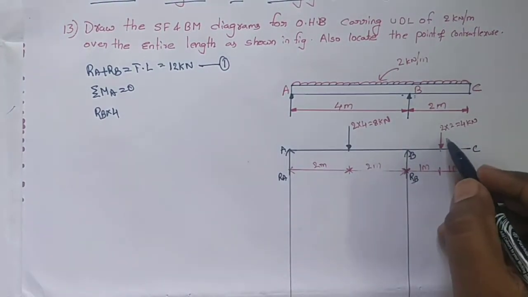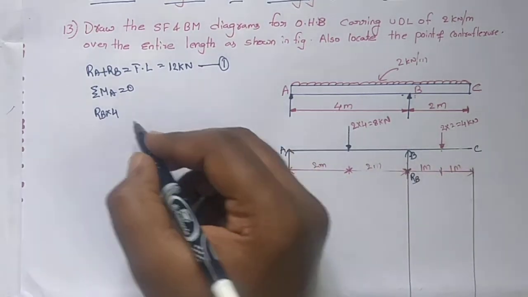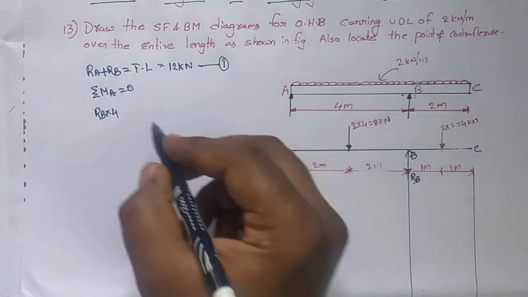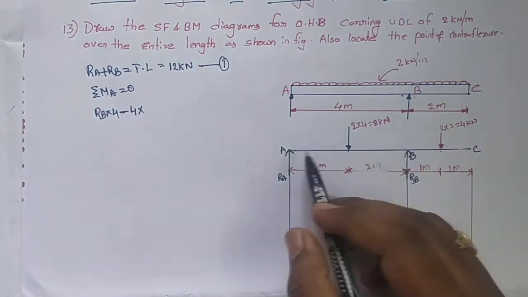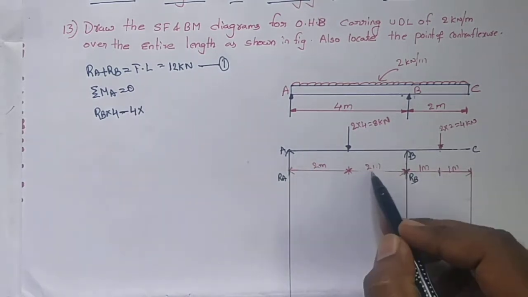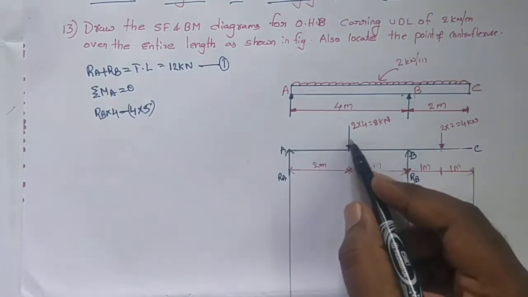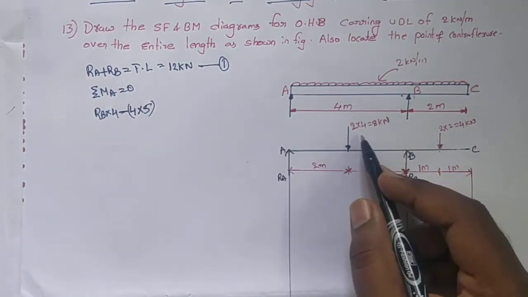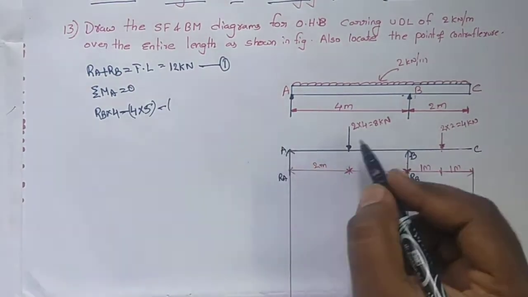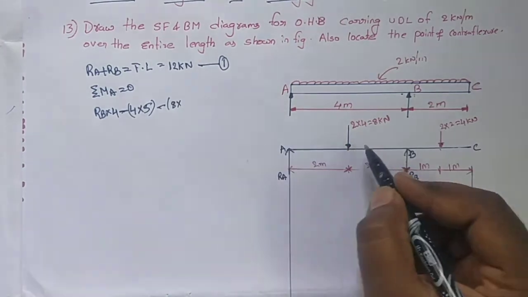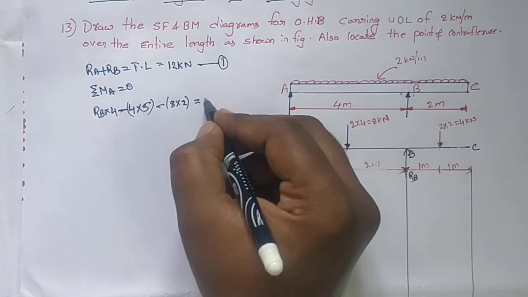Next, the 4 kilonewton point load acts at the midpoint of B and C, clockwise, so it is taken as negative, that is minus 4 into the distance from this load to A, 2 plus 2 plus 1, total 5. Next, the converted load of 8 kilonewtons acts between A and B, at a distance of 2 from A, so that term equals 0.